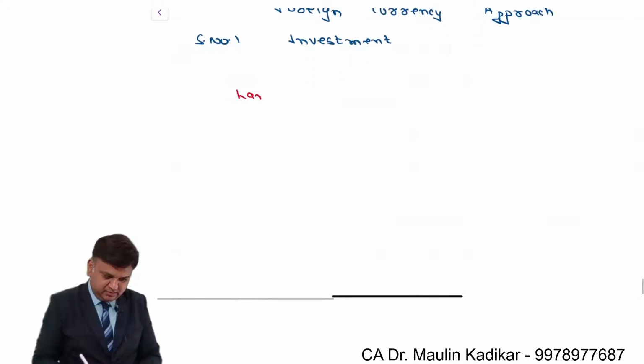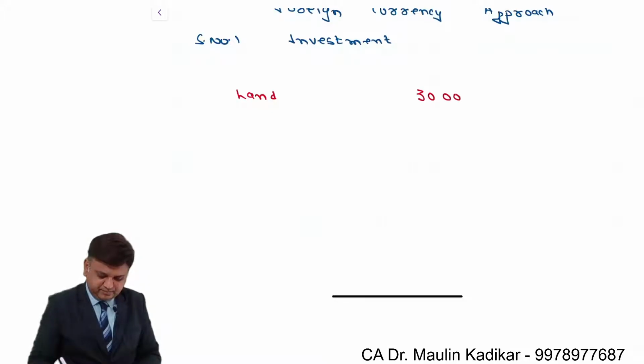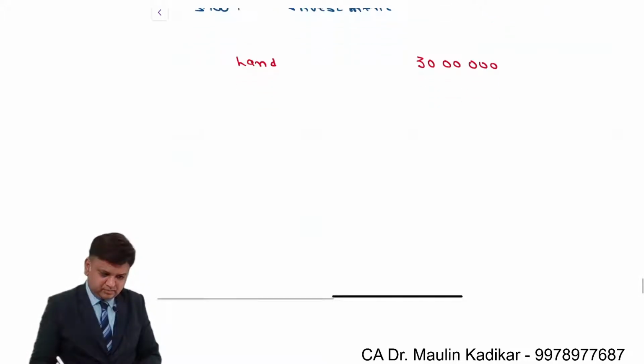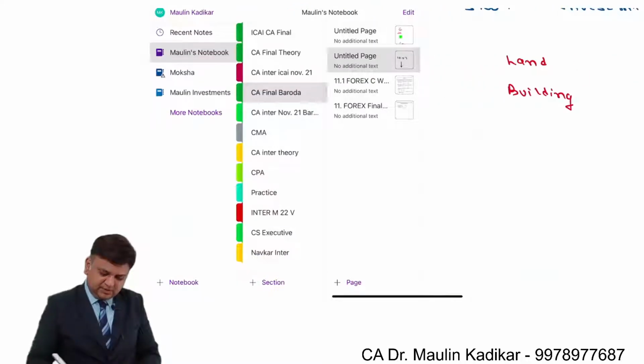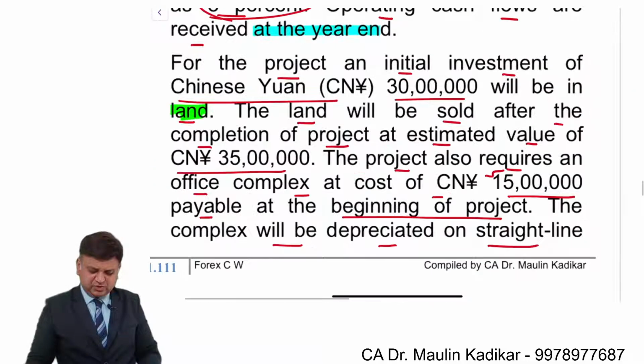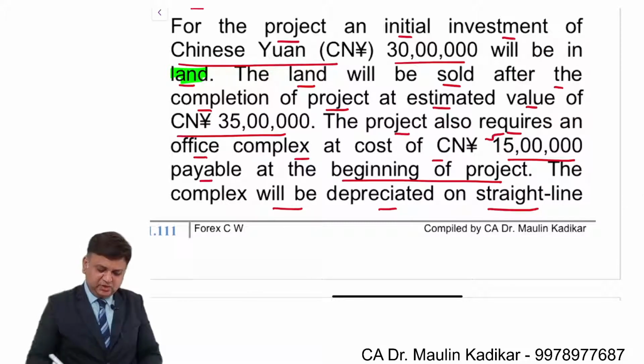Land, an amount of 30 lakhs. Then building, an amount of 15 lakhs. Because very simple information is given to us over here, that you are required to purchase land for 30 lakhs.